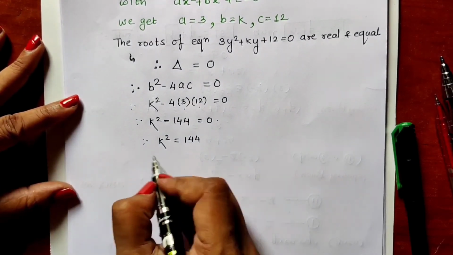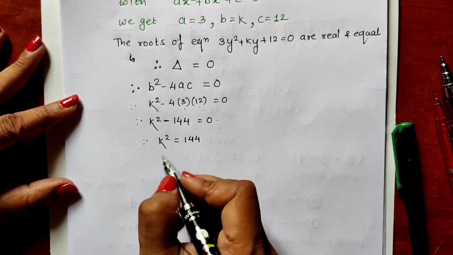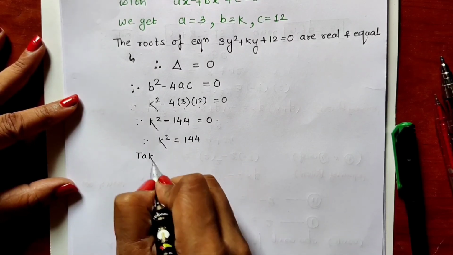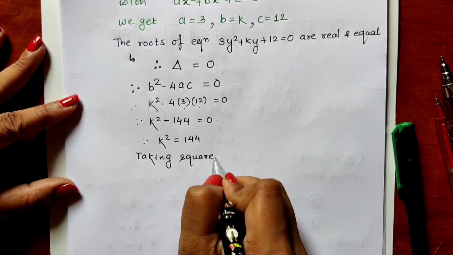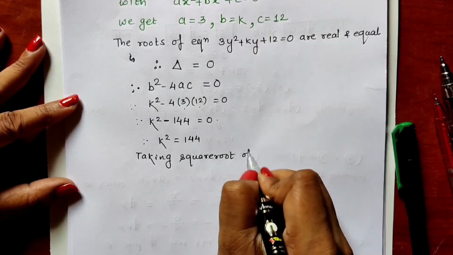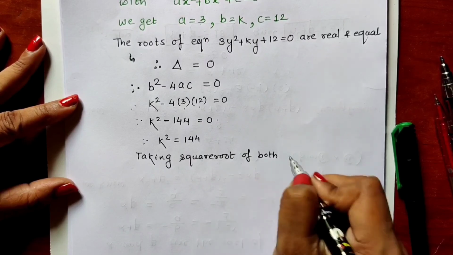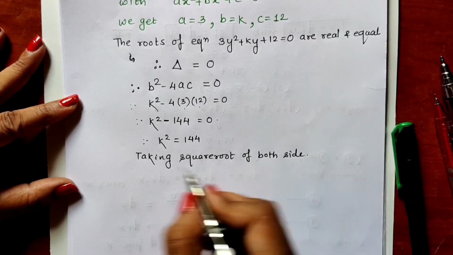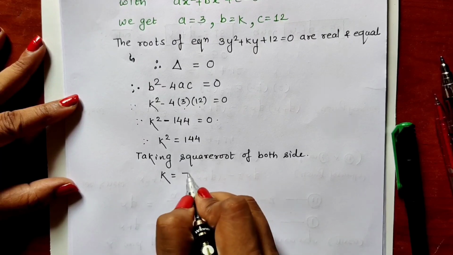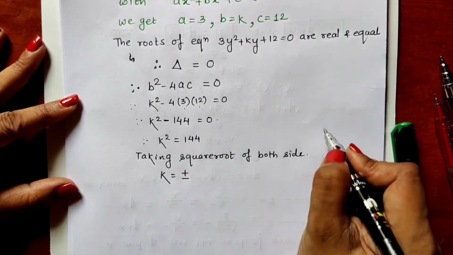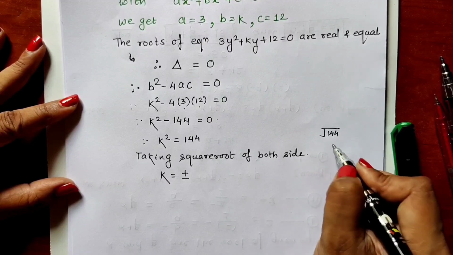So taking square root of both the sides, we get the value of k. Taking square root of both sides, what will we get? Square root of k square. Square and square root cancel each other, we get only k. And for 144, square root of 144, what should be written?